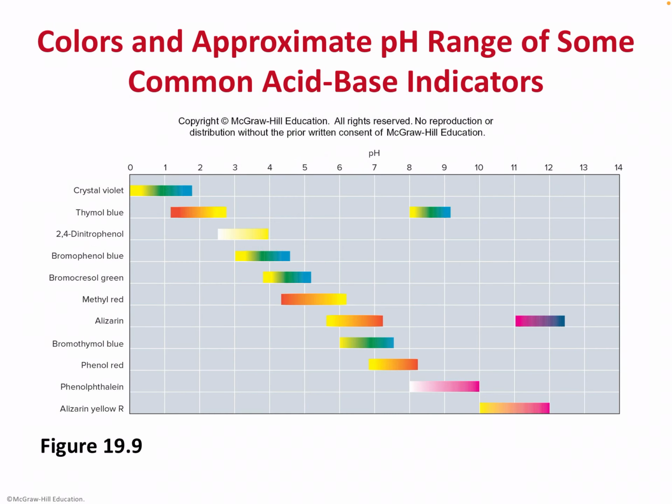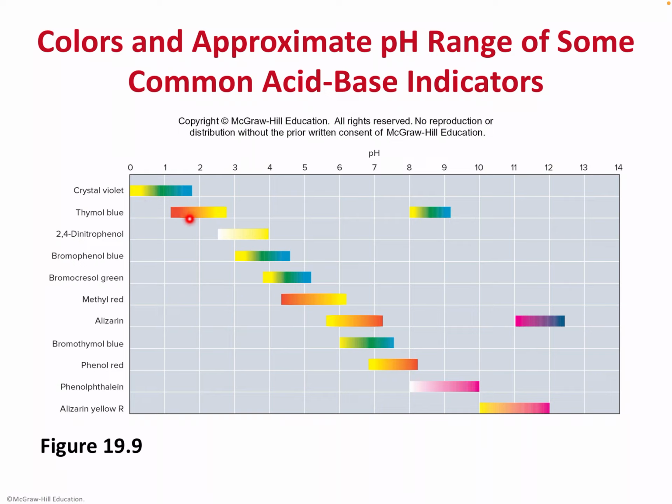So this diagram shows you some of the common indicators that we use in a lab and the pH range where they change the color, as well as the different colors that they give in different pH. So crystal violet, for example, at 0 pH, it would be yellow, and then close to 2 would be blue.